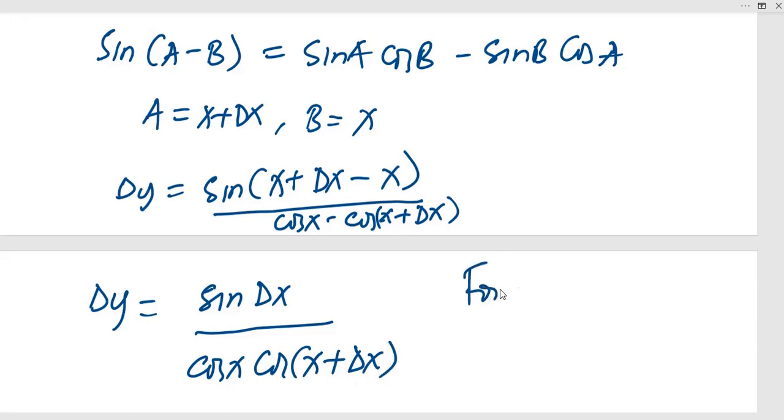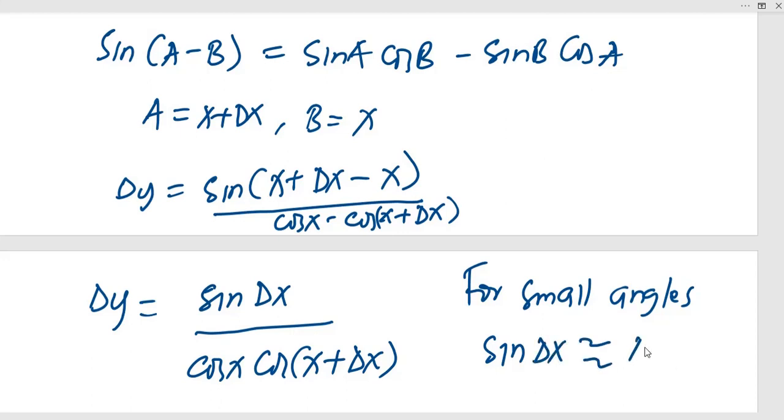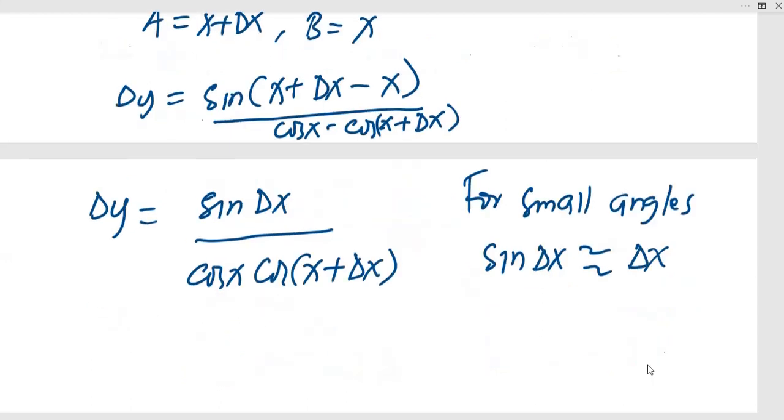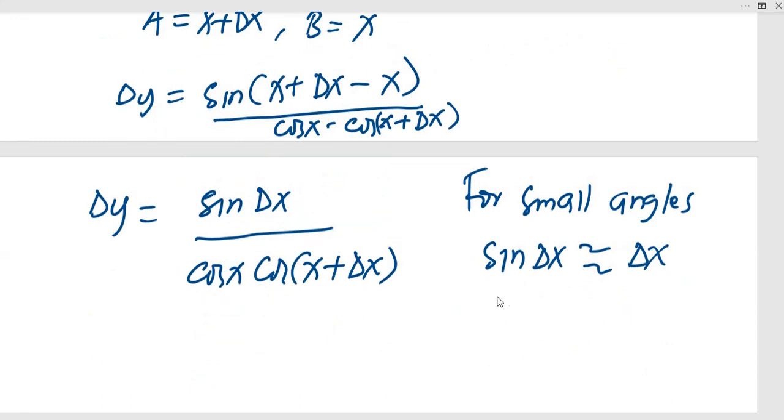We know for small angles, sine delta x is approximately equal to delta x, like it is always the same case with tan of delta x. For small angles, it is also equal to delta x.